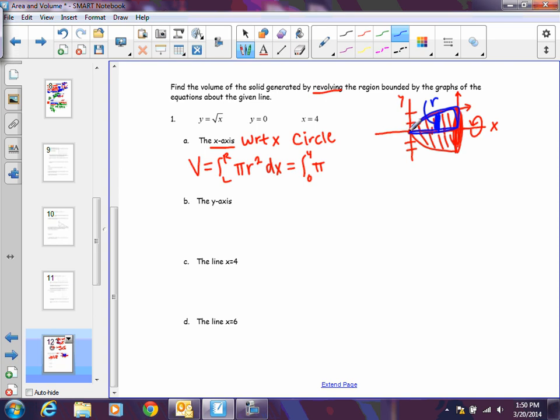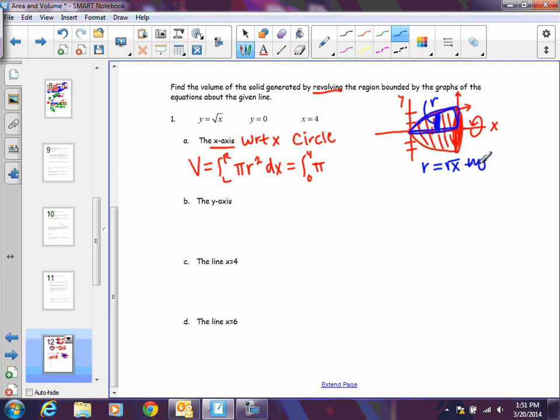Okay? So with respect to x, what's the top function? The square root of x. And with respect to x, what's the bottom function? 0. So the whole top minus bottom, and on another problem we may do right minus left, that part's not changing. There's a lot that carries over, and I want you to really focus on that. I don't want you to think how different this is.